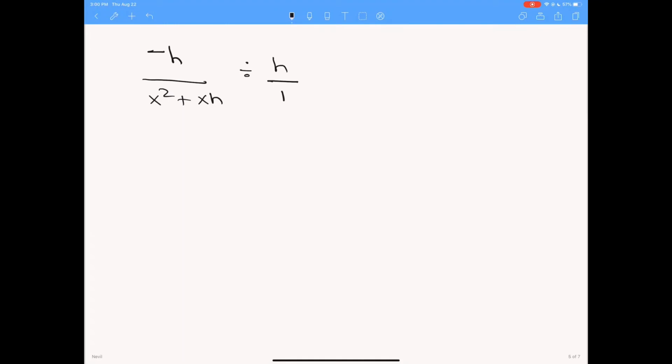We have learned that when you're dividing two fractions, you could multiply by the reciprocal. So I can rewrite this as negative h divided by x squared plus xh, multiplied by 1 divided by h. Now, since you're not adding or subtracting the terms on the top or the bottom, you are able to cancel the like terms h and h.